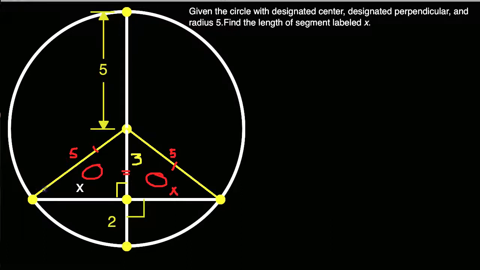So you may recognize this as a 3, 4, 5 right triangle. So without even using the Pythagorean theorem directly, just recognizing that this is a 3, 4, 5 triangle, we say that x equals 4. So that's the solution to that problem.